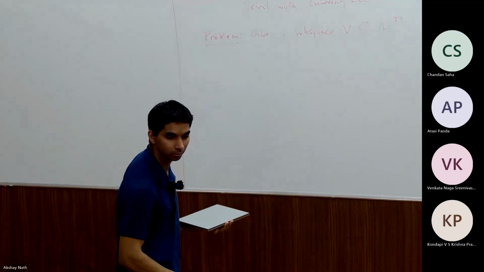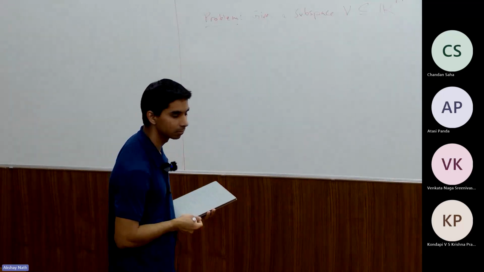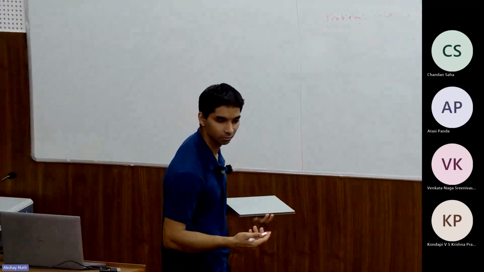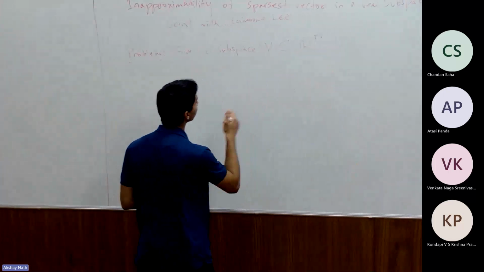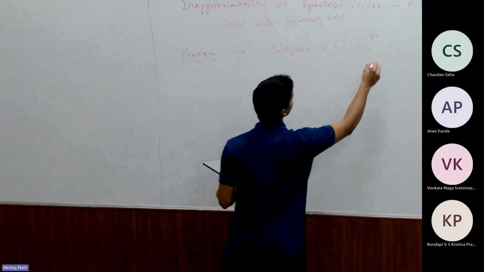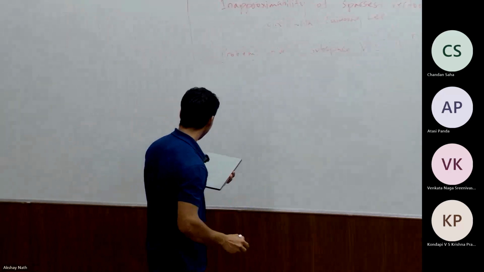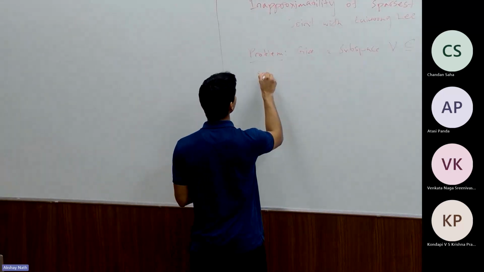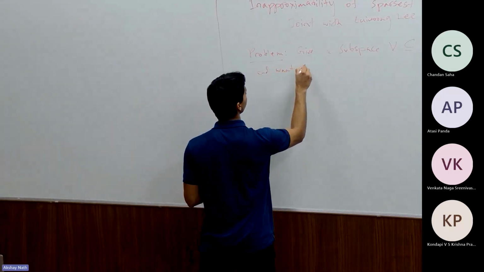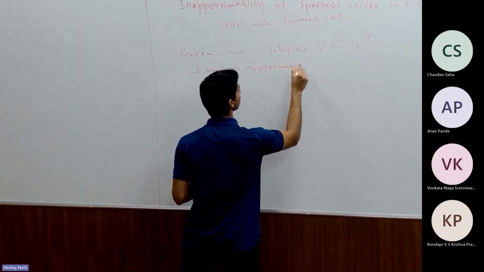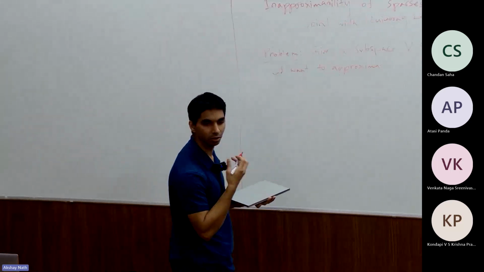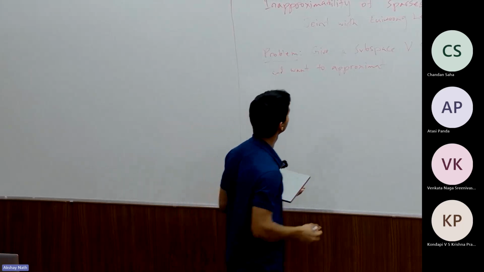Yeah, or kernel, either one is okay. You're given a subspace encoded via a basis of the reals, and you want to approximate the minimum sparsity of a non-zero vector in the subspace.